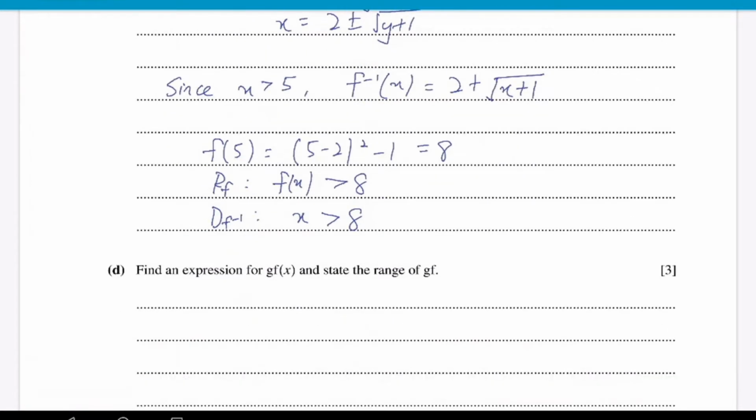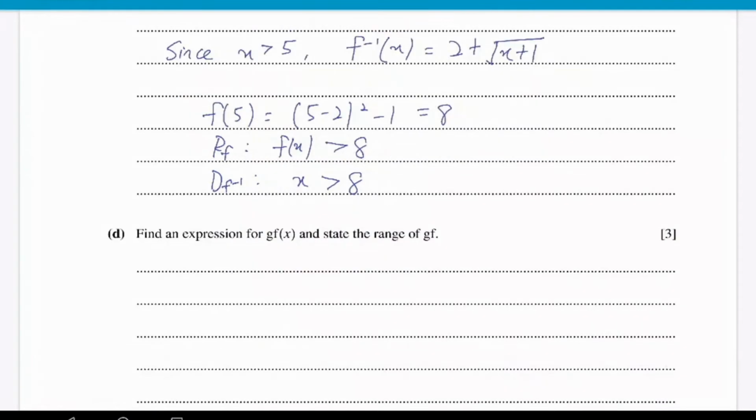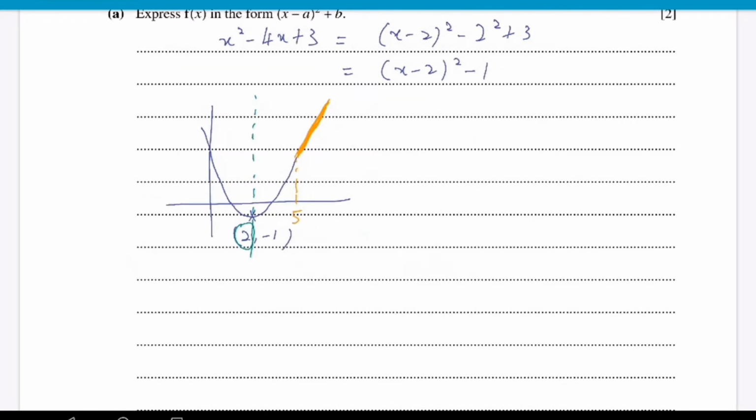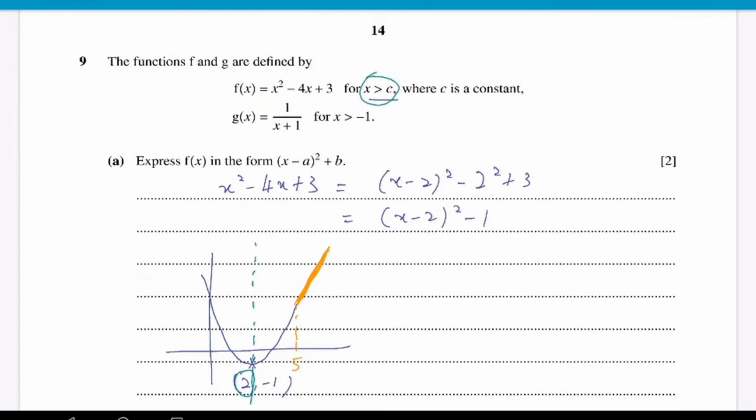So the next one is to find an expression for gf(x) and state the range of gf. Okay, let's see. For gf(x), we are going to look at f(x) and substitute that into g.